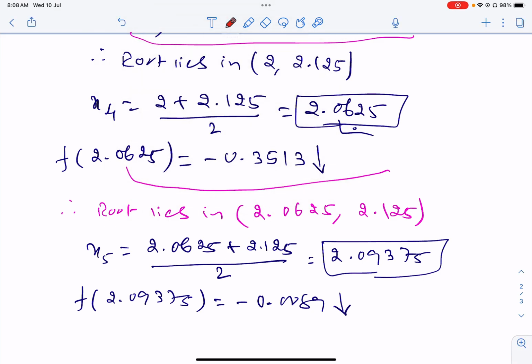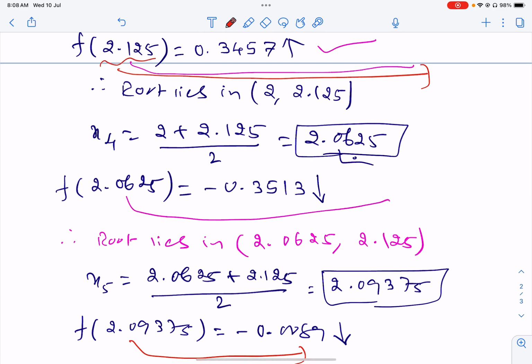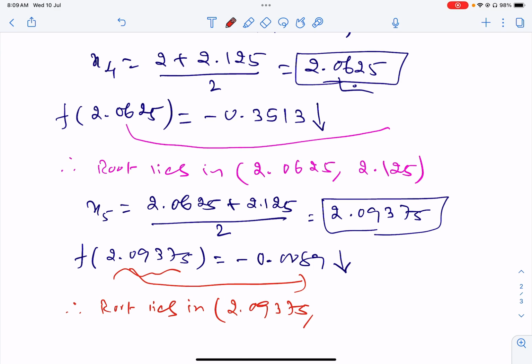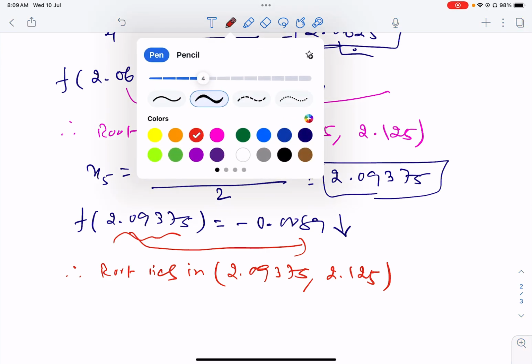Again you can see that this value is negative and the other end is positive. So the root lies in 2.09375 to 2.125.